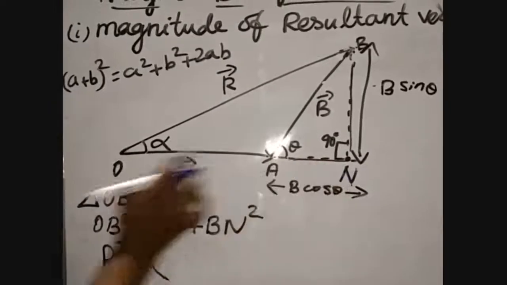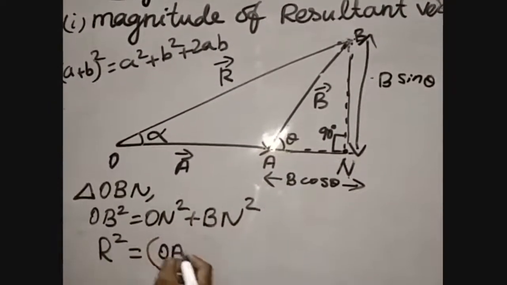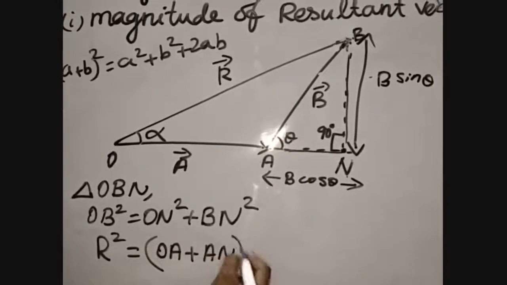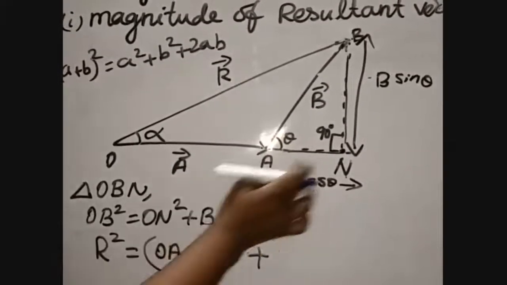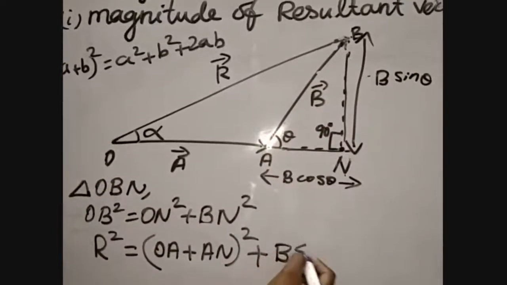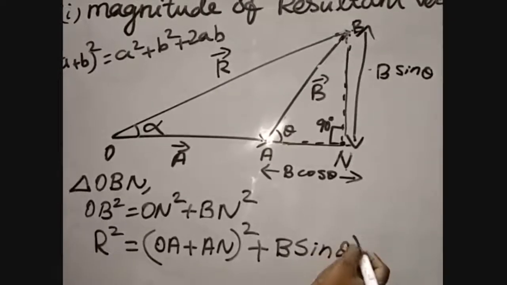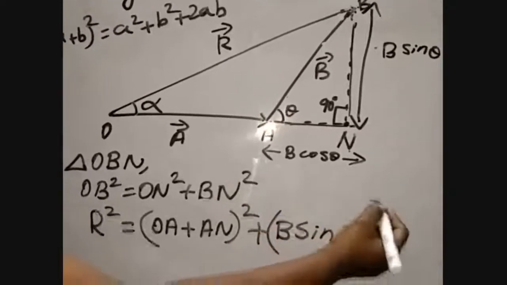Instead of ON squared, we can write OA plus AN, the whole square, plus the value of BN, which is B sin theta, the whole square.